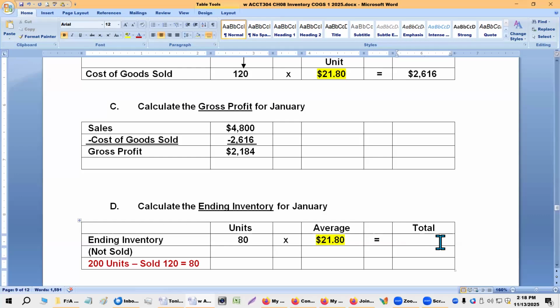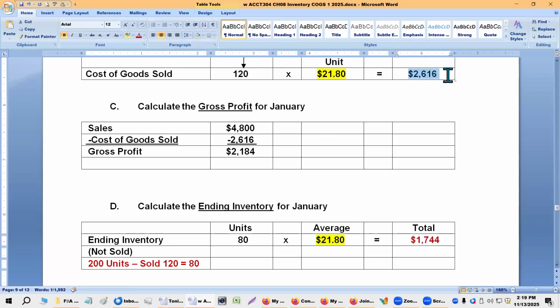All right, so let's see, 80, 1744. So that would be our ending inventory.